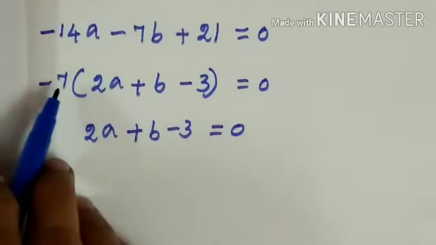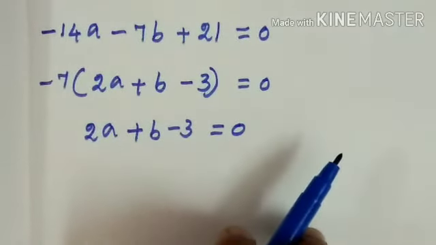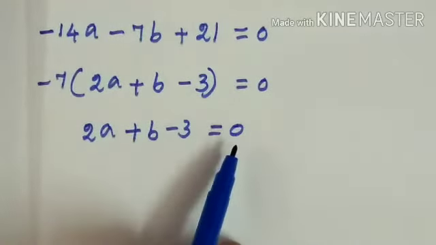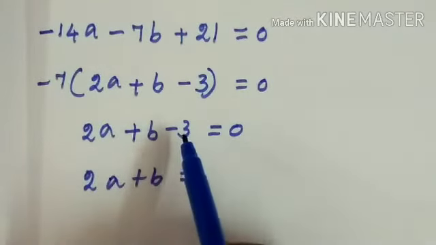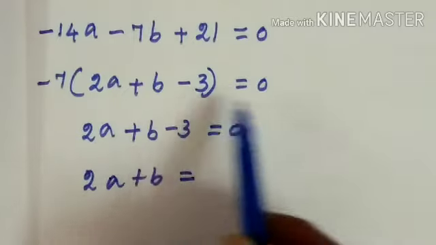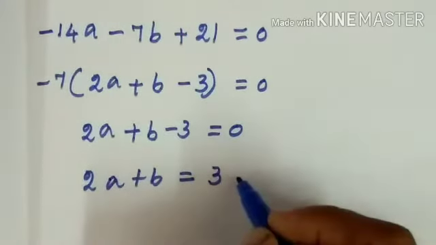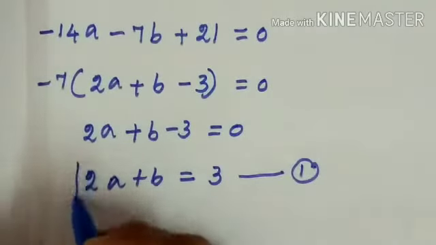This minus 7 transpose after the equal means it becomes division formation, then 0 divided by minus 7 we get 0. Now 2a plus b equal to transpose this minus 3 after the equal means it becomes plus 3. You keep this equation number 1.